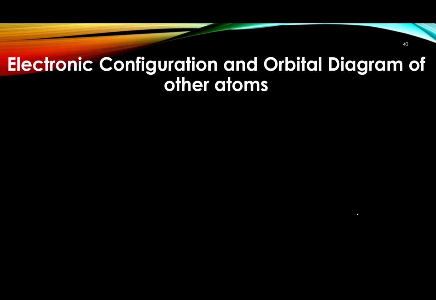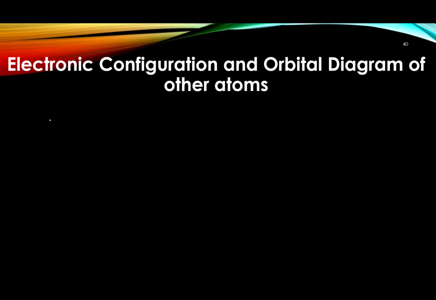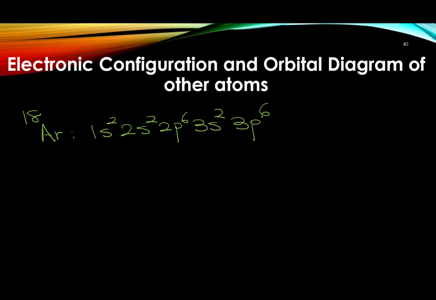Let's do argon. Okay, argon has 18 electrons. Let's change colors just for fun. Let's write the electronic configuration. It's 1s2, 2s2, 2p6, 3s2, and 3p6.